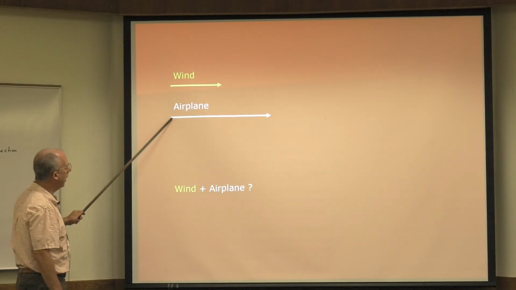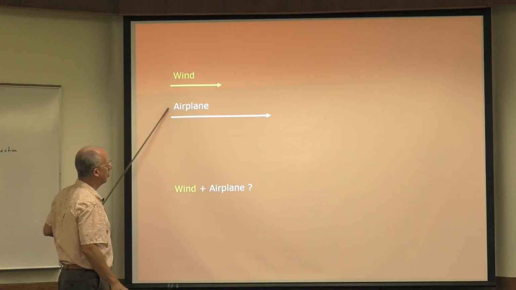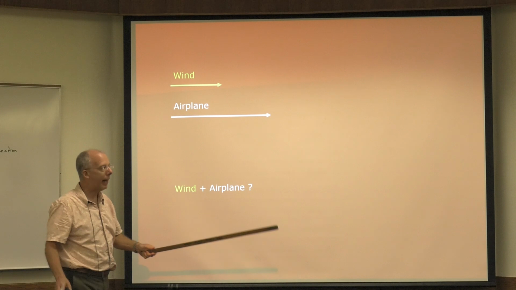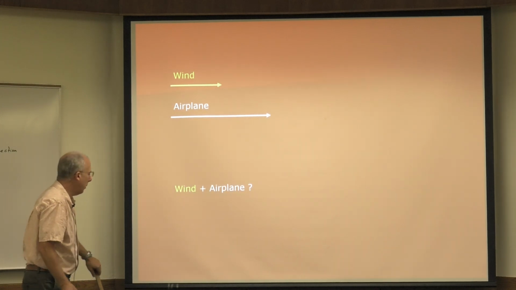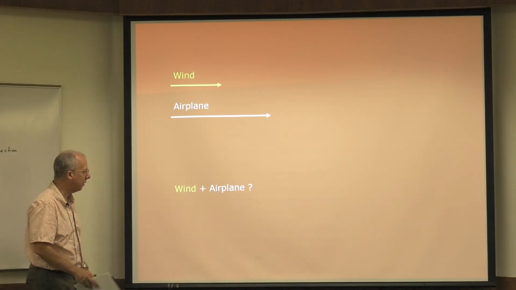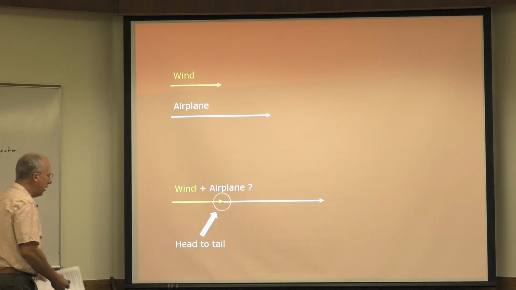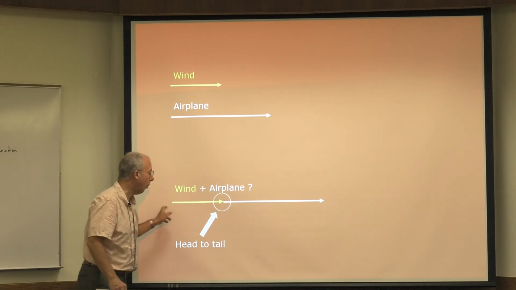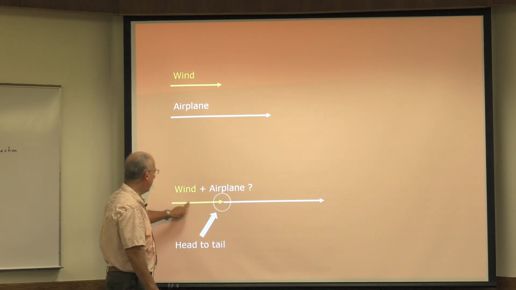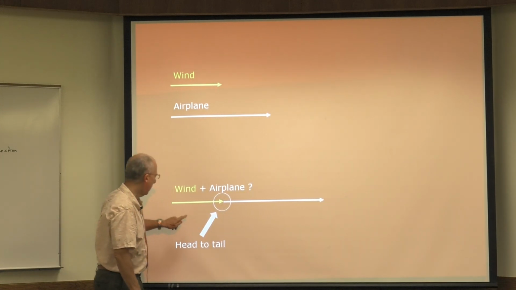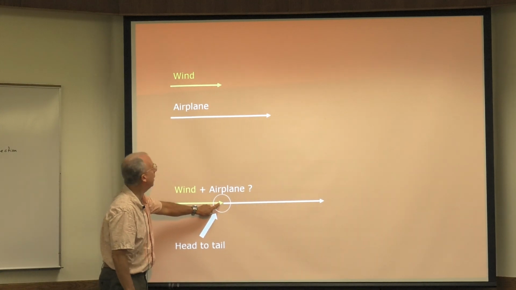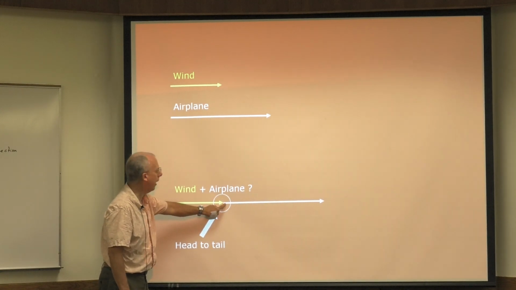Okay, so here's an airplane. So again, that's the direction. And the length is the magnitude. Here's a wind, same direction. So you want to add two vectors. So this is how you do it. It doesn't matter the order, all right? So here's the wind. Could have been the airplane, doesn't matter. So here's the wind, and it's head to tail. It's the head of the wind vector and the tail of the airplane vector.